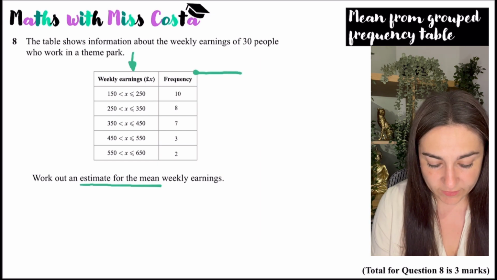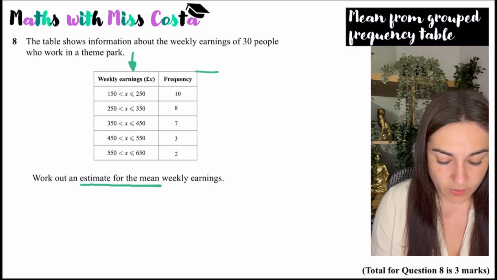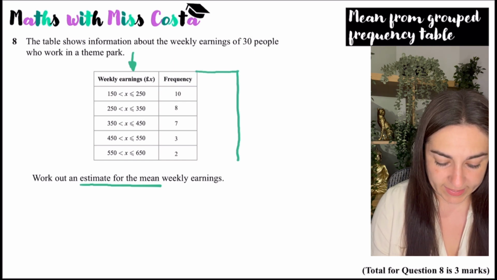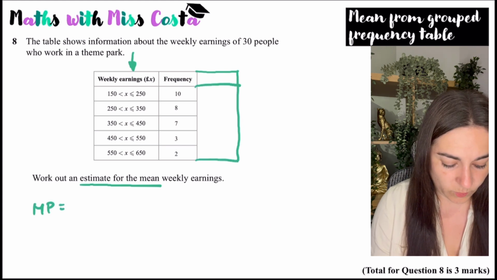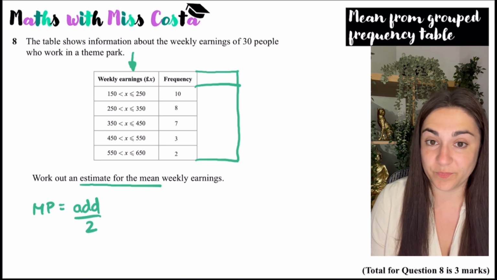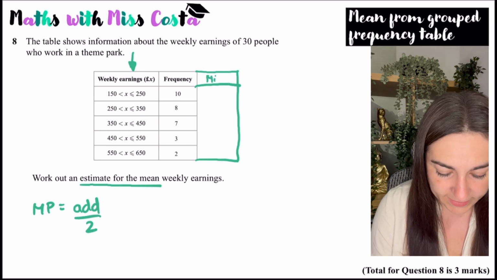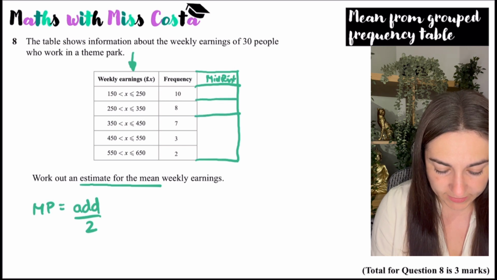So the first thing we do when we've got a grouped frequency table is we want to work out what the midpoint is. To work out the midpoint, all you do is you add the two values together and you divide by 2. That's the halfway point. So over here, I'm going to do the midpoint of each of my class intervals.